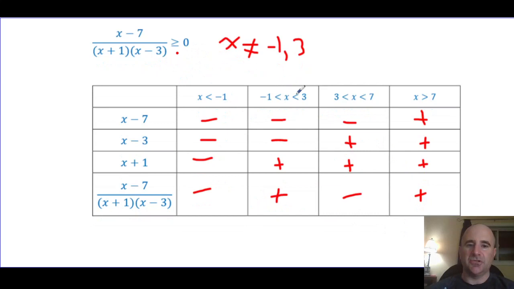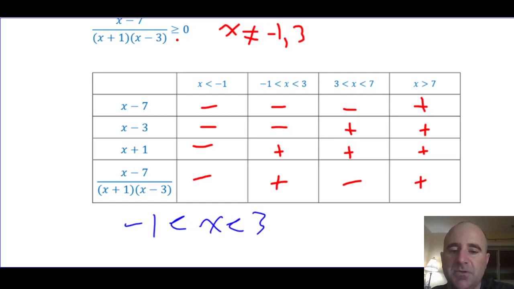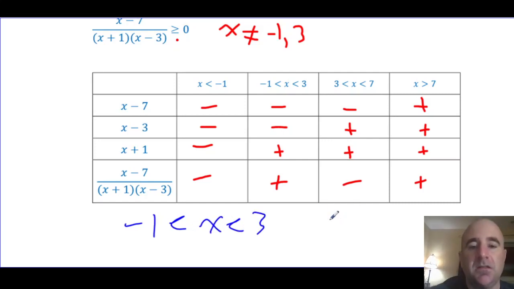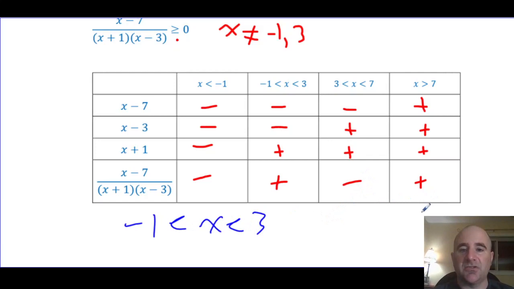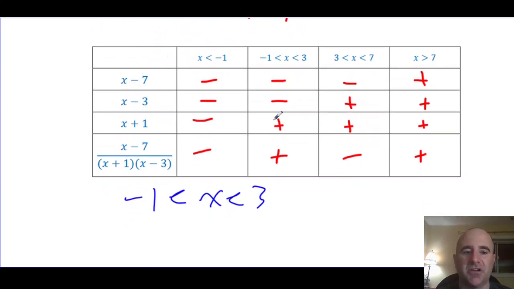So our two solutions are right here, but keep in mind x cannot be equal to 3 or -1. Sorry, x is between -1 and 3. The other answer is that x is greater than 7, and x can be equal to 7. If x is equal to 7, it's equal to 0, and we want to include 0 as our answer. So for that, we actually say x is greater than or equal to 7.